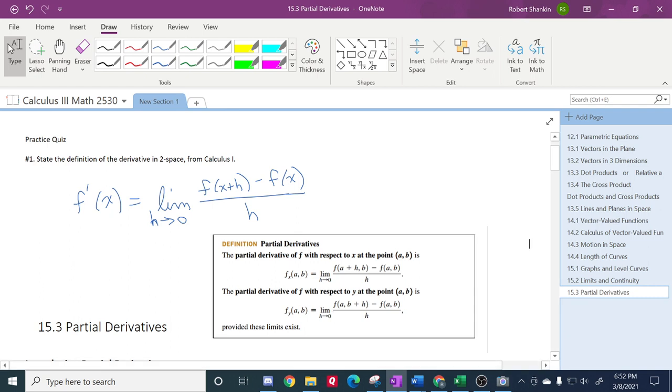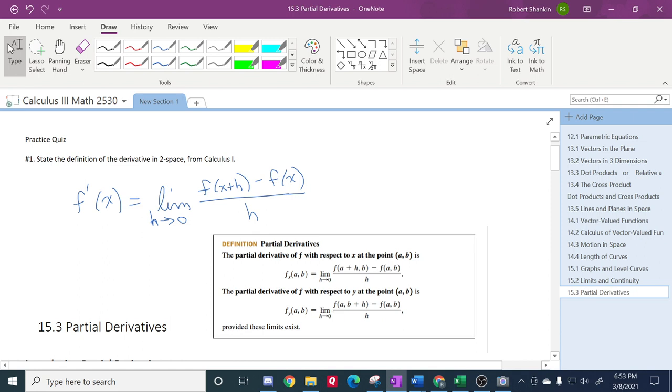It's about as close as we can get to the regular old derivative. Now, instead of a and b, if they had put x and y, it would look more similar to this. But they're treated as variables, a and b, in this definition in the textbook.